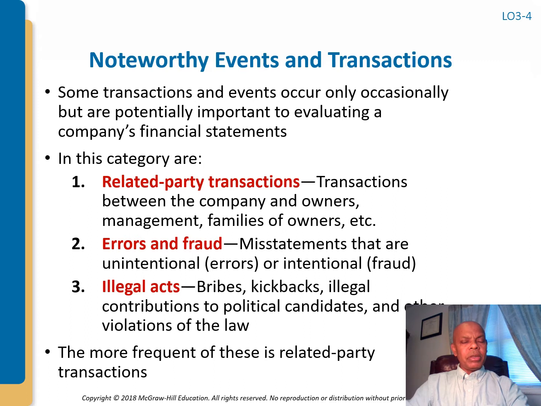If you find something, you have to make sure that you put it in. The auditors find some stuff before they release the financials, the annual statement, so you have to put that in there. Illegal acts: the bribes, the kickbacks, the illegal contributions to political candidates. Those kinds of things are important for people to know.